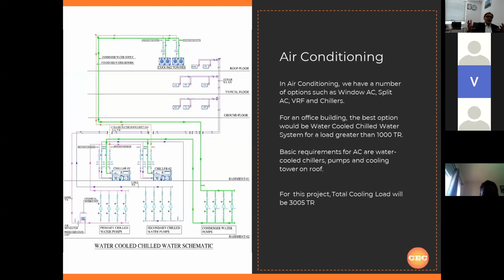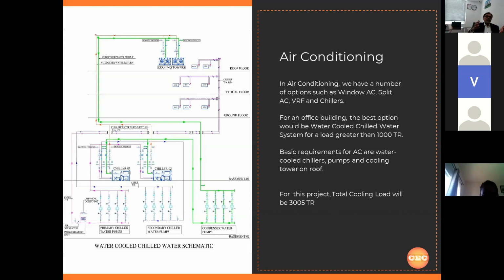So when to use what? Basically, as a thumb rule, anything which goes beyond 1000 ton, we use the chiller system. Now, how should we correlate this? That capacity is more or less proportional to the area and climatic conditions.